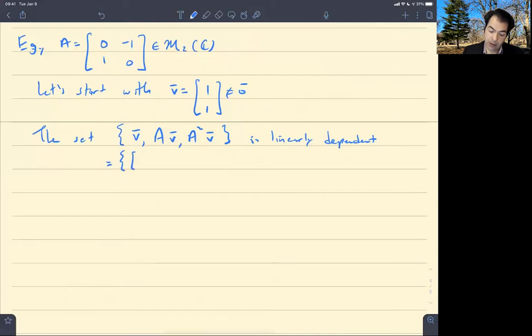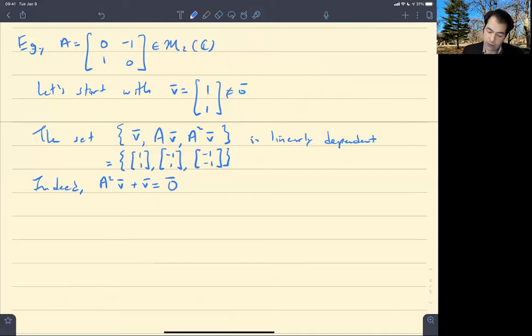If we work out what these vectors are, that's the vector (1, 1). Hit that with A, you get (-1, 1). Hit that with A again, and you get (-1, -1). And so that's linearly dependent. Indeed, if you take this one and add that one, you get 0. So A squared v plus v is equal to 0.